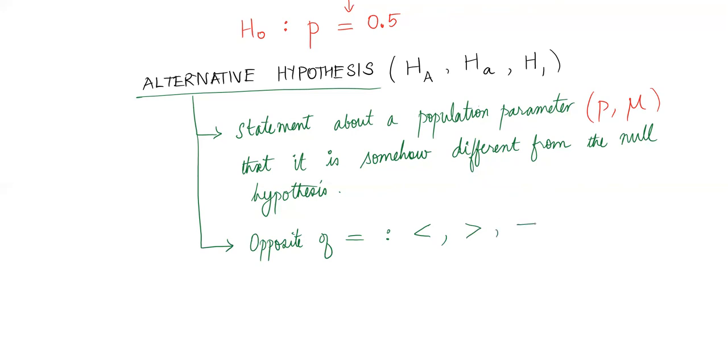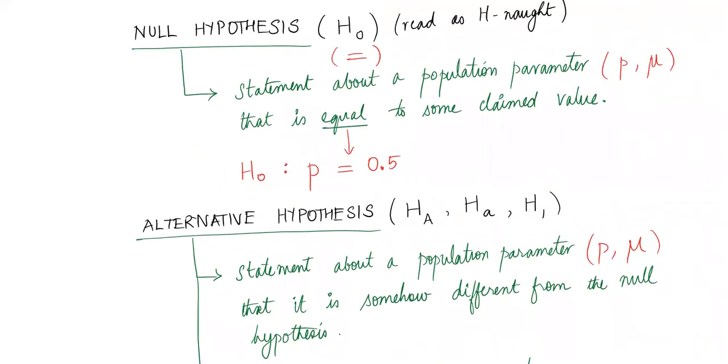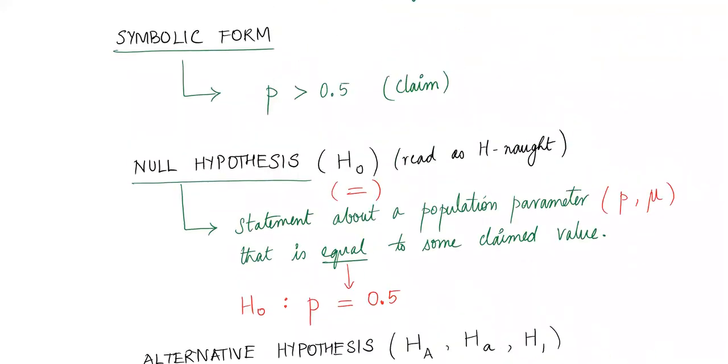Or it could simply mean not equal to, right? So your alternative hypothesis will utilize one of these three inequality notations, symbols.